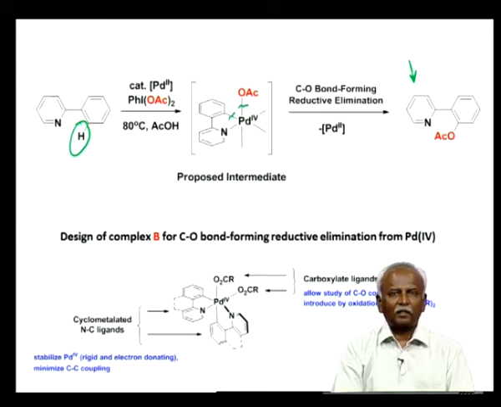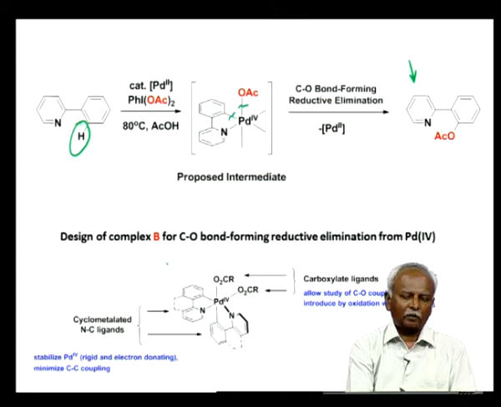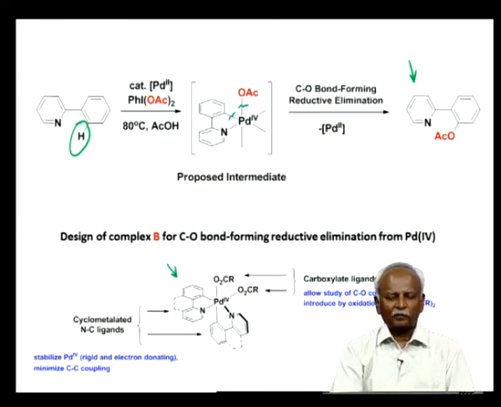Because of the cyclometallation, it leads to a very rigid geometry, and that is illustrated in this picture which I have given here. The two acetate ligands present in the coordination sphere of the metal are the ones which allow for reductive elimination, and it can be introduced by oxidation with phenyl iodosoacetate.